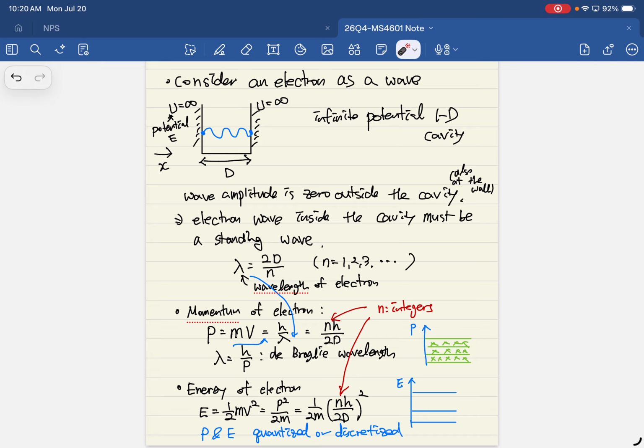De Broglie wavelength is essentially that any matter, regardless of size, whether it's small or big, has wave characteristics, and the wavelength of that wave is given by the de Broglie wavelength, like h over momentum.